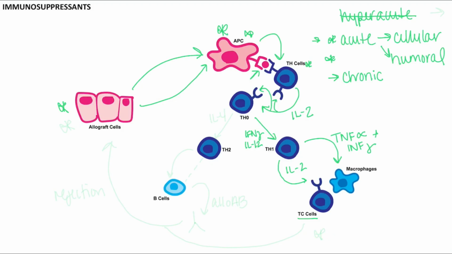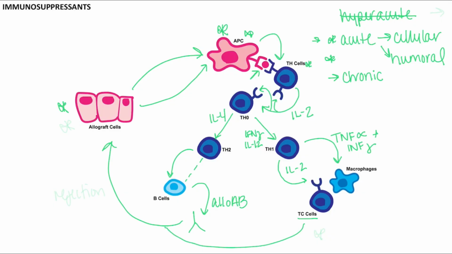TH0 cells can also differentiate into TH2 cells via things like interleukin 4, which will then go on to recruit and activate B cells, along with some co-stimulatory signals, leading to the production of alloantibodies and that humoral immune response.